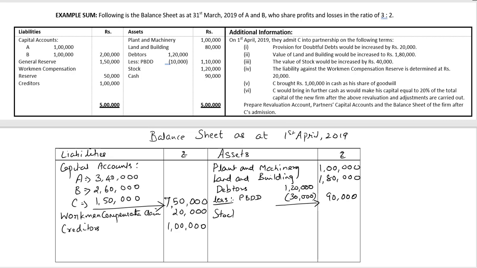Stock, book value is 1,20,000 rupees. It says the value of stock would be increased by rupees 40,000. So current value of stock is 1,60,000 rupees. Cash, opening balance 90,000. As per our working note, the capital which is brought in by partner C is 1,50,000 rupees, plus the premium for goodwill which is brought in by C is rupees 1 lakh.